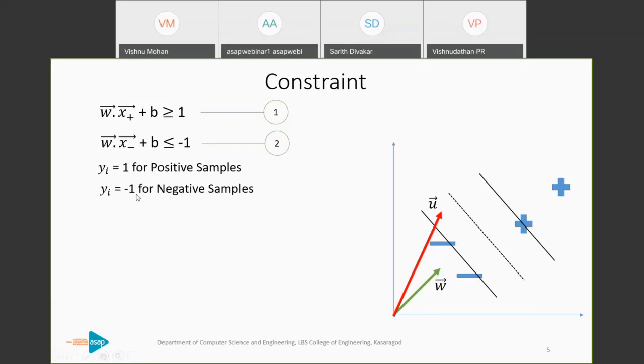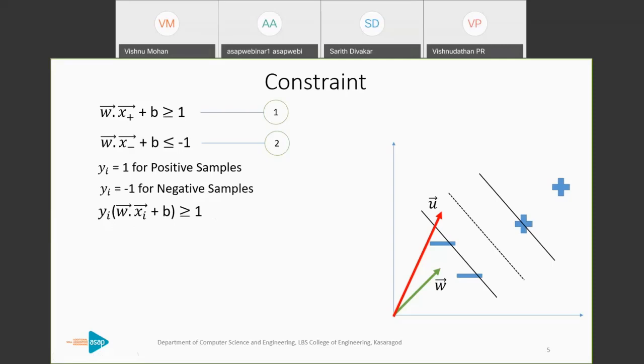Now I'll multiply this with the equations respectively. When I multiply yi equal to 1 for the positive samples with equation 1, I get yi times (w dot xi plus b) greater than or equal to 1.